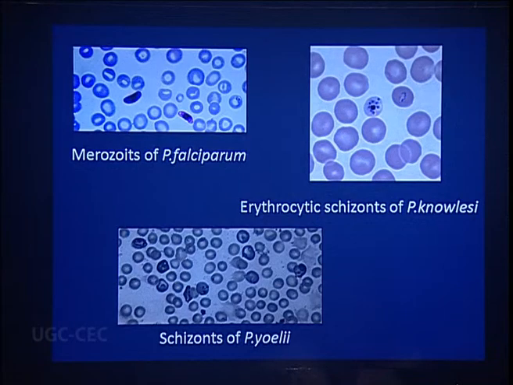Now in all these figures you can see the merozoite of the parasite Plasmodium, and these are the RBC. All these photographs are taken from a particular blood sample. So the best way to detect malarial parasite is testing of blood.